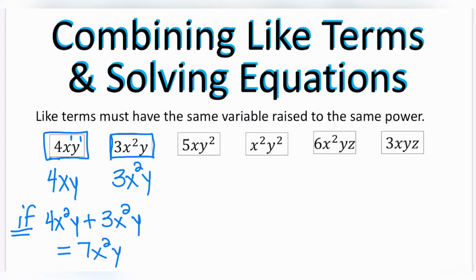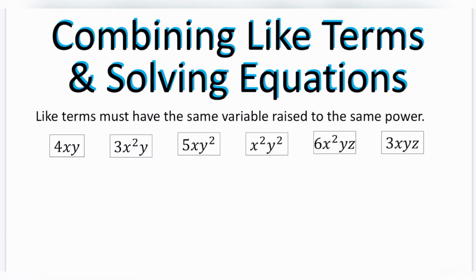So the variables and the powers don't change. You really are using what's called the coefficients. The coefficients are the numbers in front of those variables. And so here 4 plus 3 is 7. So you collected like terms. You combined like terms. So let's continue looking at the rest of the terms.